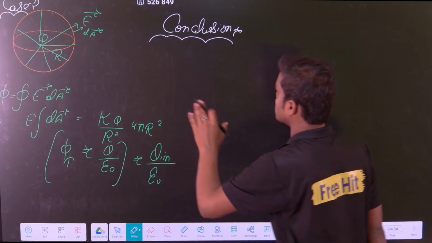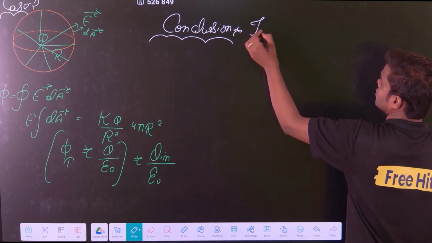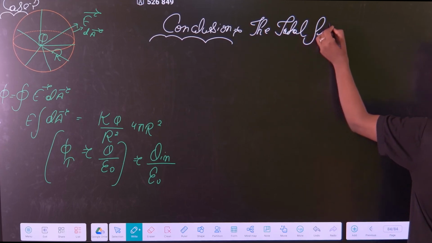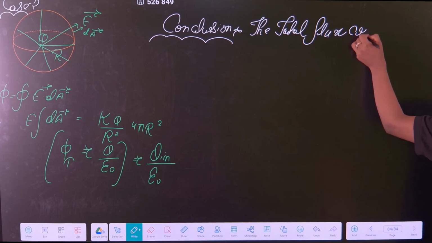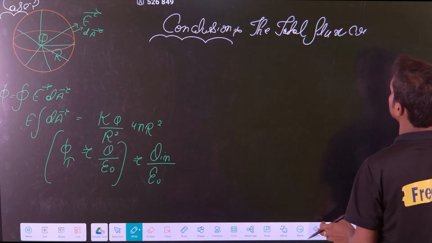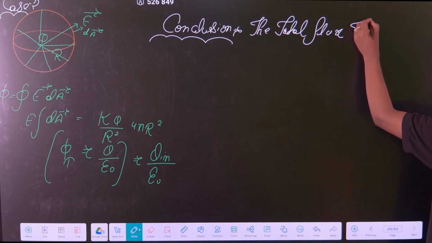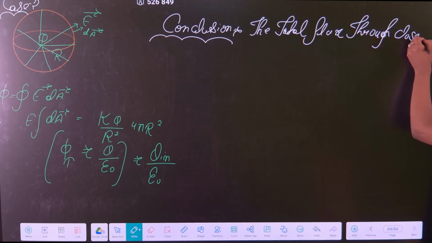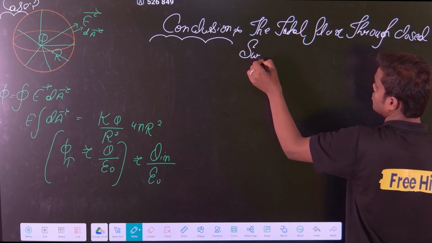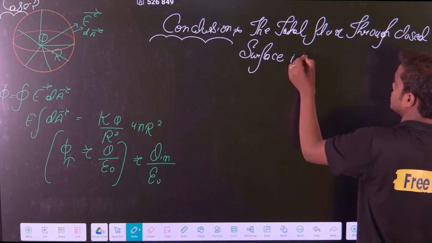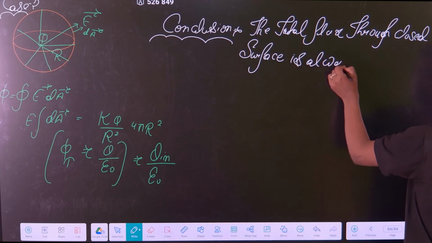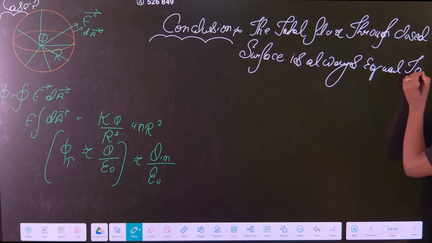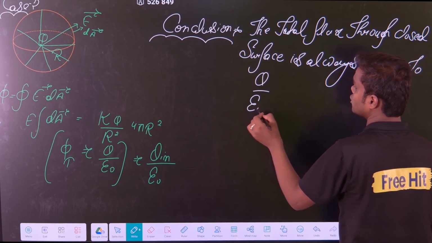In case 2, we have got a conclusion that the total flux crossing, or you can say the total flux through a closed surface, is always equal to q in by epsilon naught.